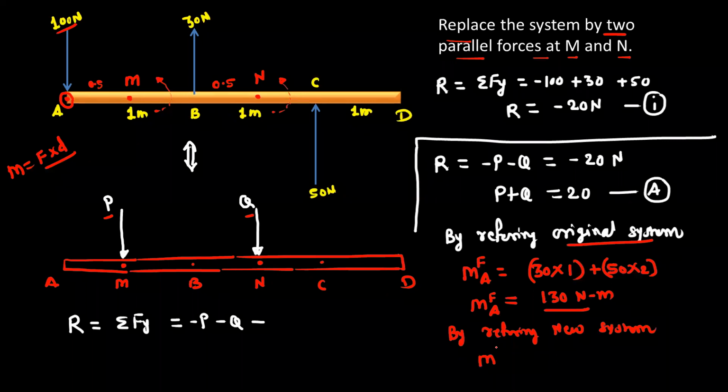So taking the same equation, moment by all the forces in the new system about the point A. This equation will be force P at point M into the distance of this force from point A, which is 0.5. Now this moment by force P about A is clockwise. So it is negative.